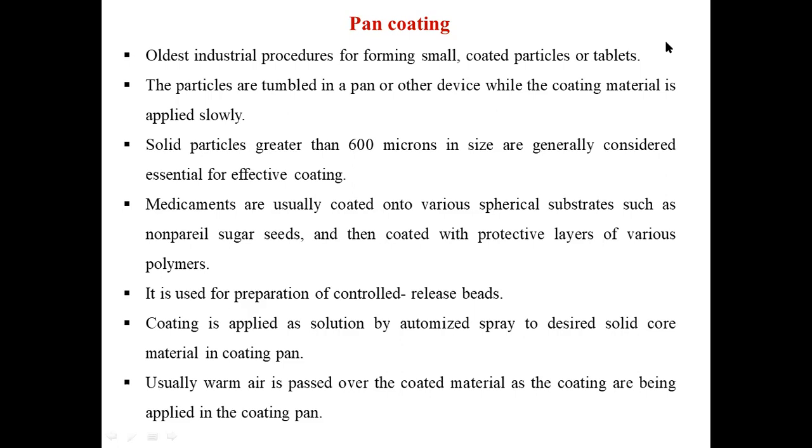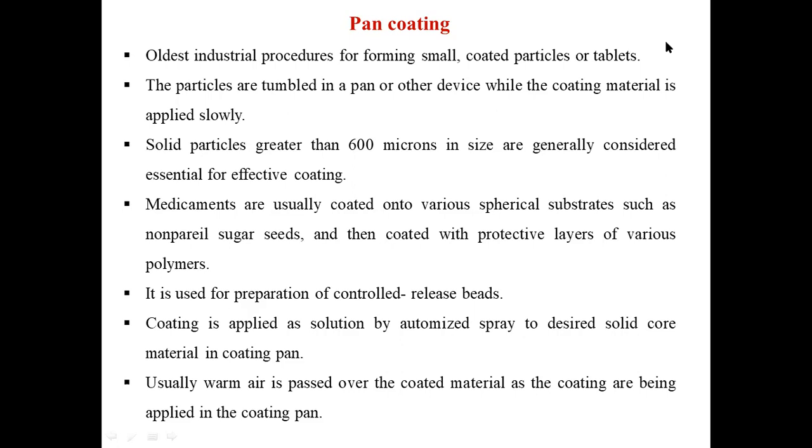The process has been extensively employed for the preparation of controlled release beads or tablets. Medicaments are usually coated onto various spherical substrates like non-perishable sugar seeds and then coated with a protective layer of various polymers. Likewise, this coating is carried out and we get the microcapsules or microencapsulated product.